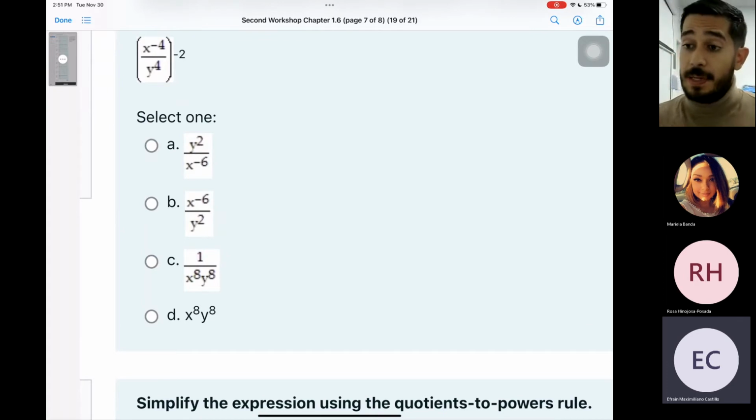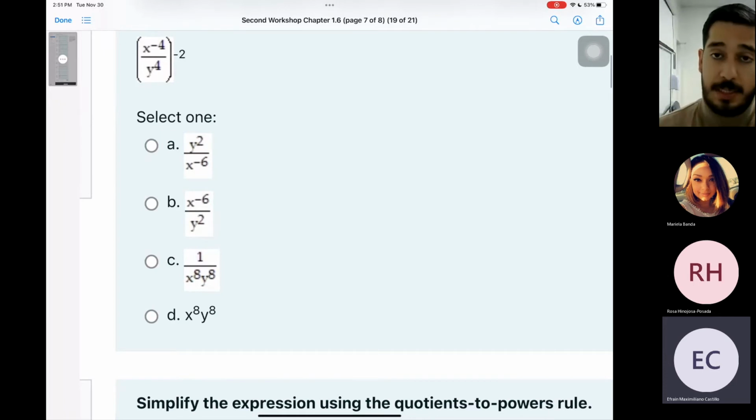On the previous examples, everything was multiplying. So that exponent goes to everything inside the parentheses, which happens to be just multiplying. Right now we have a division. The same thing, it goes equally to every single thing that I have in the parentheses.